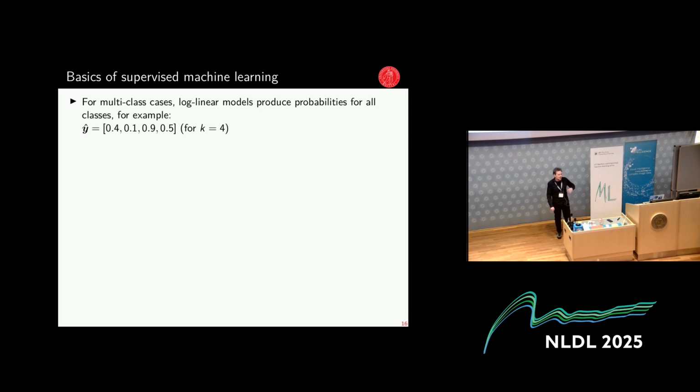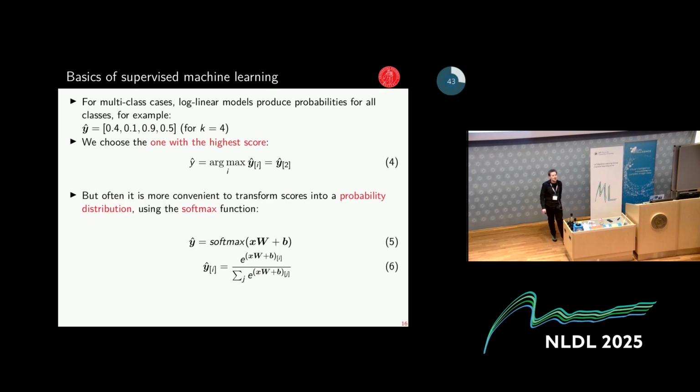So we can have a document where there is some probability of this document being in Norwegian, some probability of this document being in English, etc. So this is a classic task of language identification. And then we can either choose the one class, the one language with the highest score, or sometimes it's more convenient to convert this prediction of the model into a probability distribution by using, for example, a softmax function.